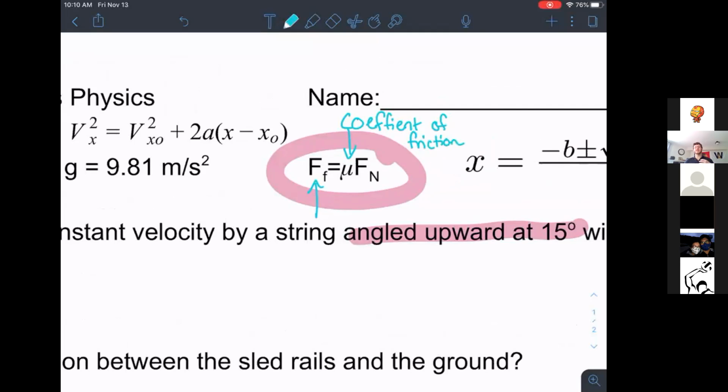The larger the number is, the more friction is applied to that object, and a smaller number means a smaller amount of friction. When we solve for this in the future, you're going to solve for the coefficient of friction to see how much friction is actually on that surface.